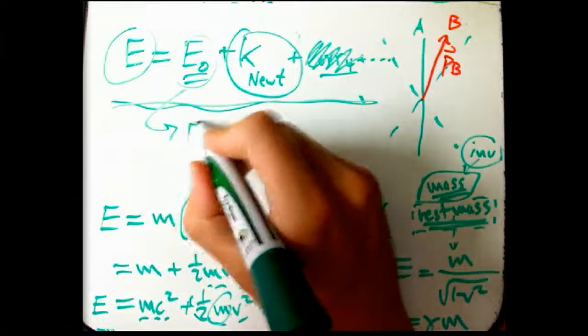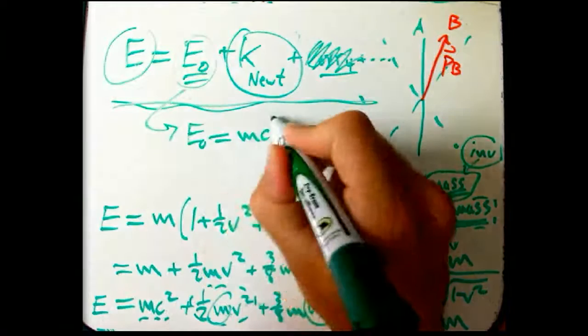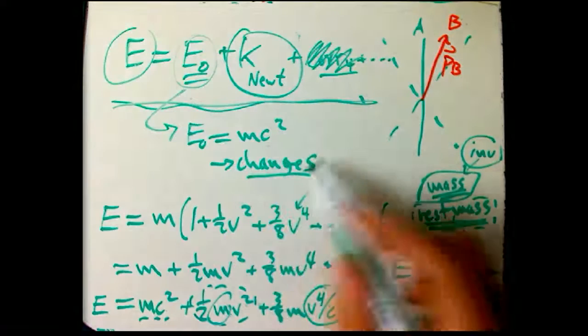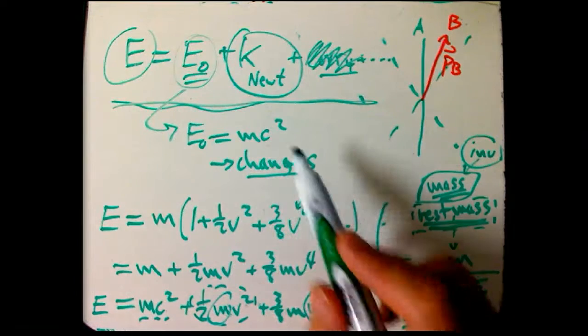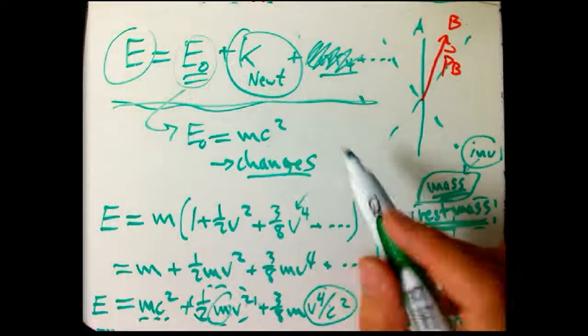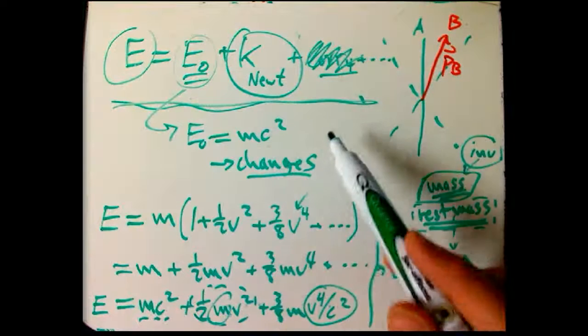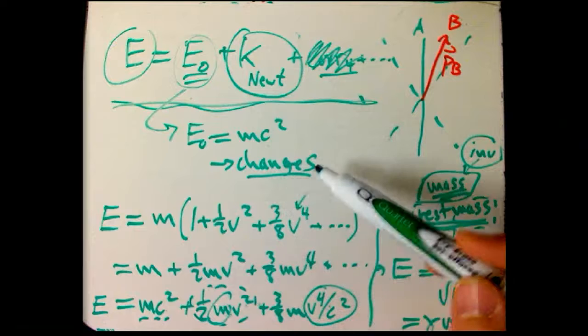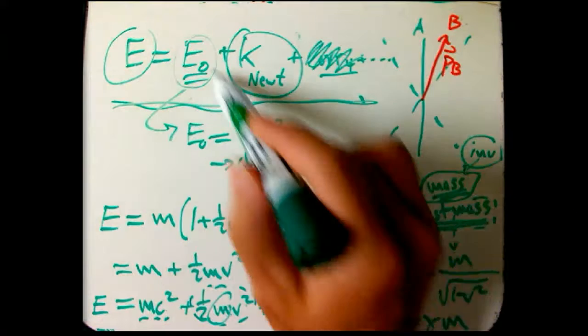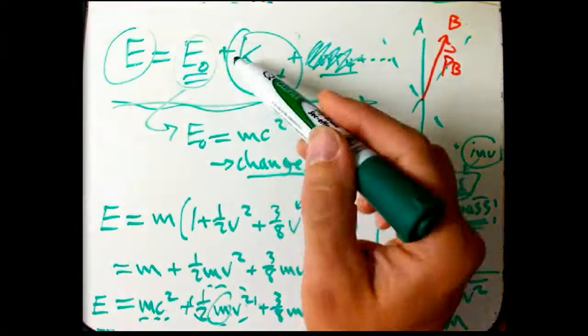What if the E naught, which is the mc squared, changes from before to after a collision? What if you have some process that takes a particle and the mass changes between the initial configuration and the final configuration?